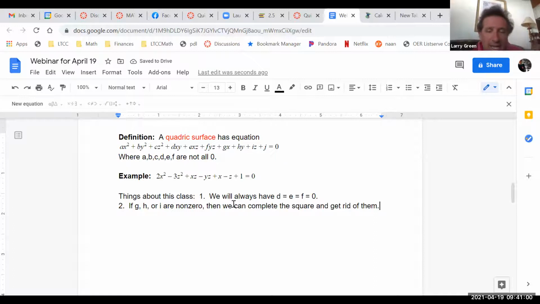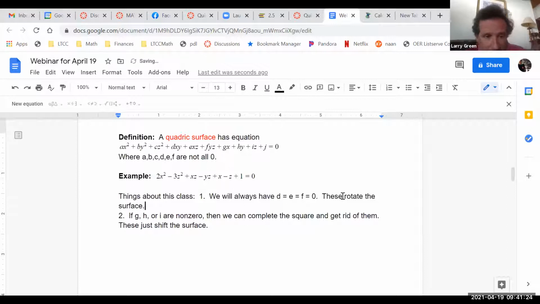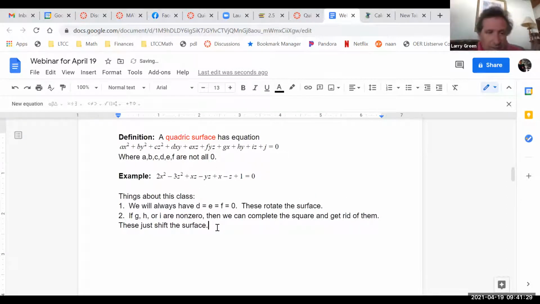The G, H, and I, all they do is shift the surface. Okay, maybe in number 1, I'll say these rotate. So D, E, and F rotate the surface.